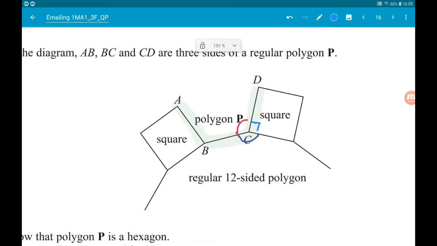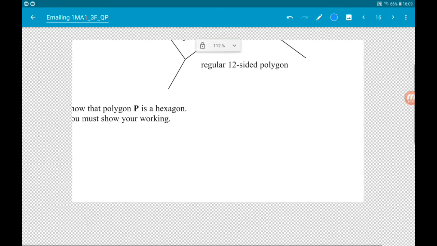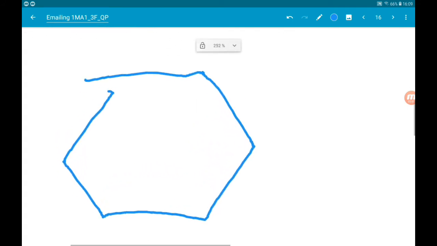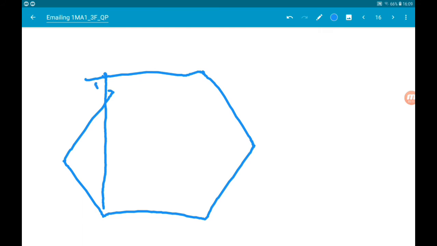Okay. So, how do we know what the interior angle of a hexagon should be? Good question. Well, hopefully you've seen this trick before. Draw a hexagon. Now from one of the corners, draw straight lines out to any other corner that you can. So for example, we can go from there to there, there to there, and there to there.